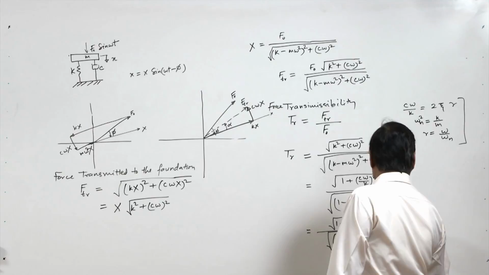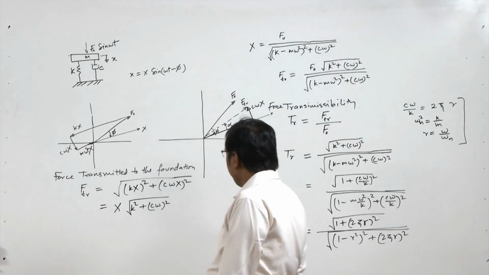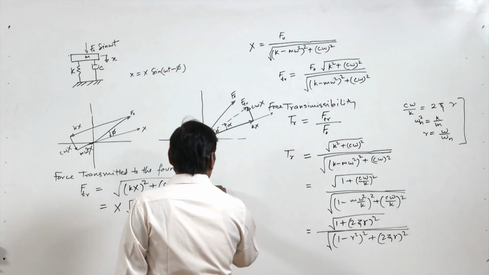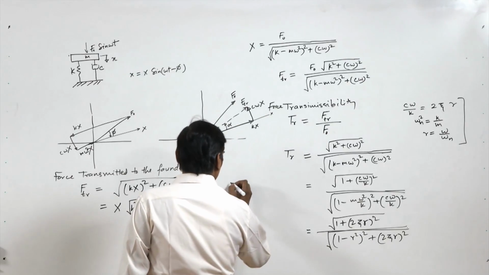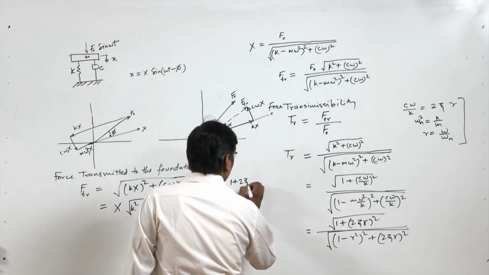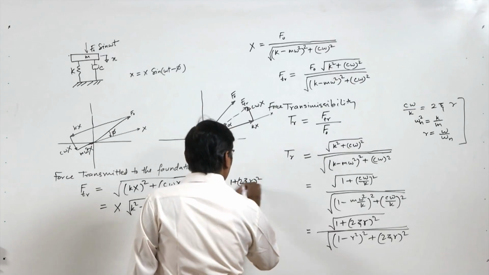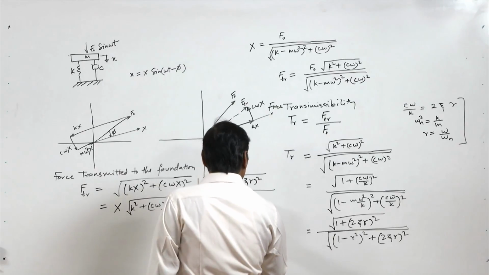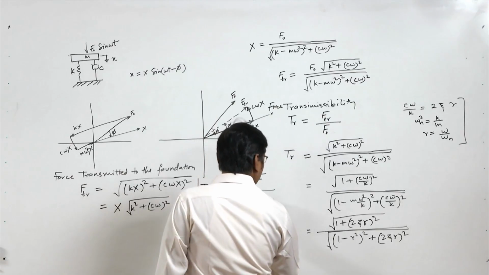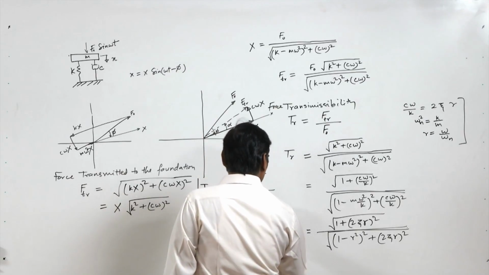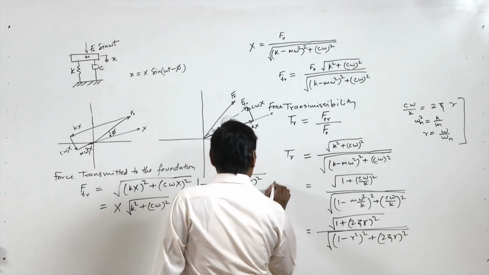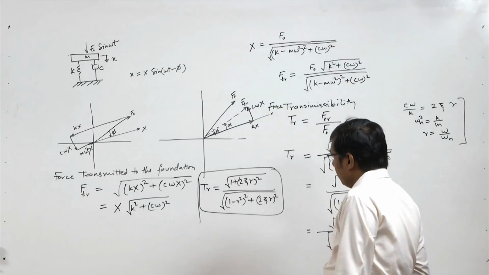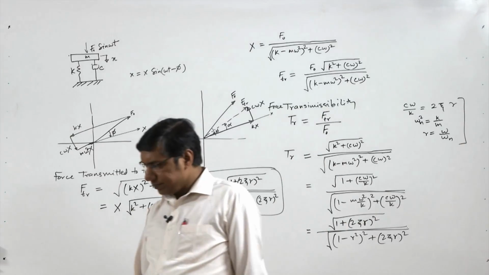So finally we can write that transmissibility Tr equals under root 1 plus (2 zeta r) whole square upon under root (1 minus r square) whole square plus (2 zeta r) whole square. So this is the final formula of the transmissibility.